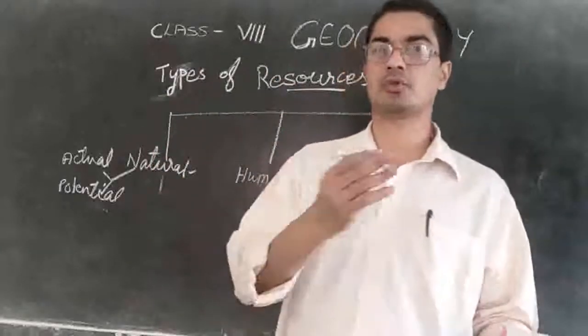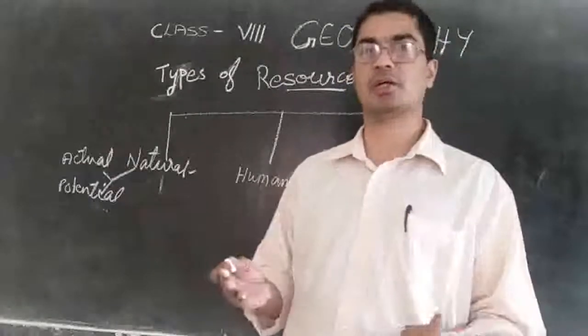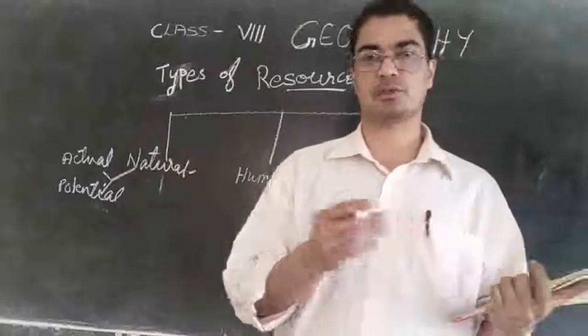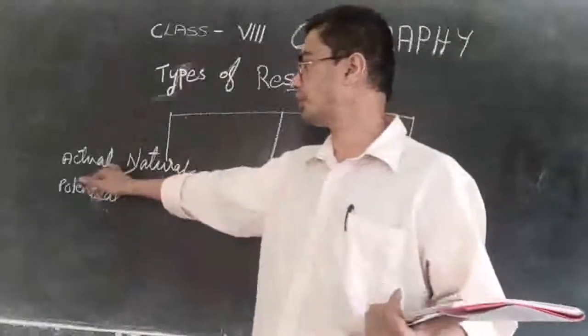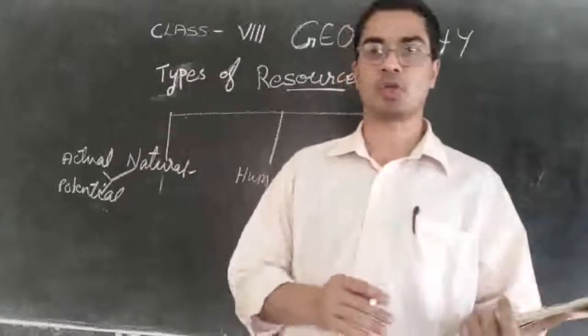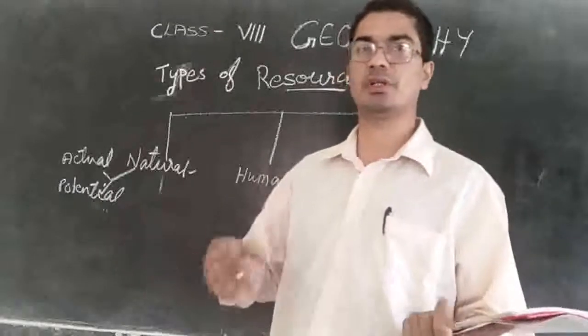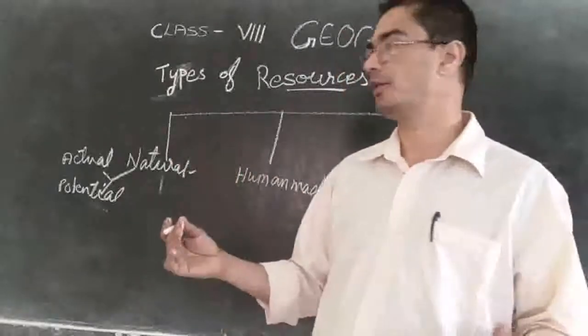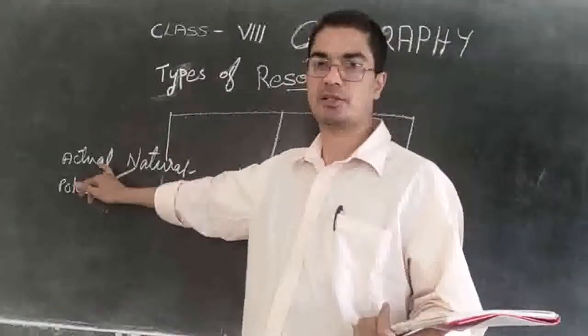You know, some 200 years ago, the present-day technology was not there. So those things we could not use. What we are using at present as actual resources, some 200 years ago was a potential resource. But now the technology has developed and we started using it, therefore it became an actual resource.